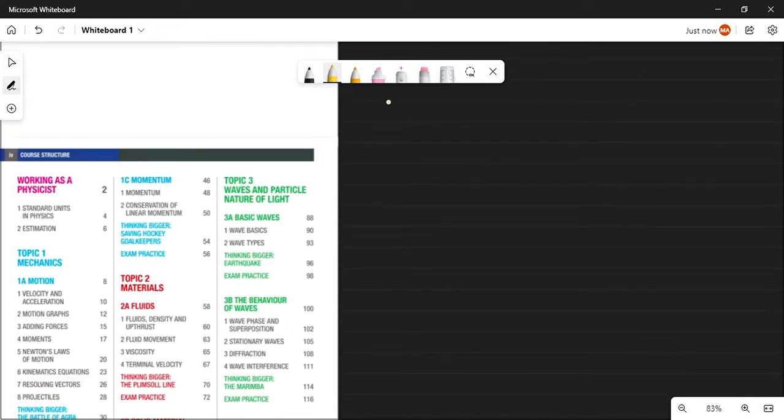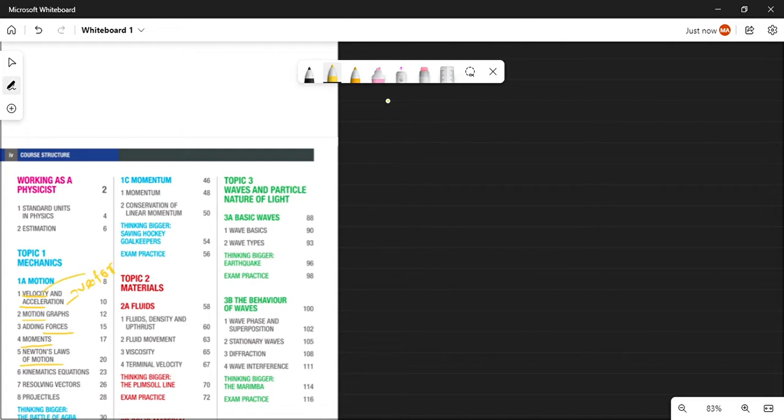In 1A we have things like velocity, accelerations, motion graphs, forces, adding forces, moments, Newton's laws of motion, resolving vectors, projectiles, and in every subtopic, velocity, acceleration, these are vectors.